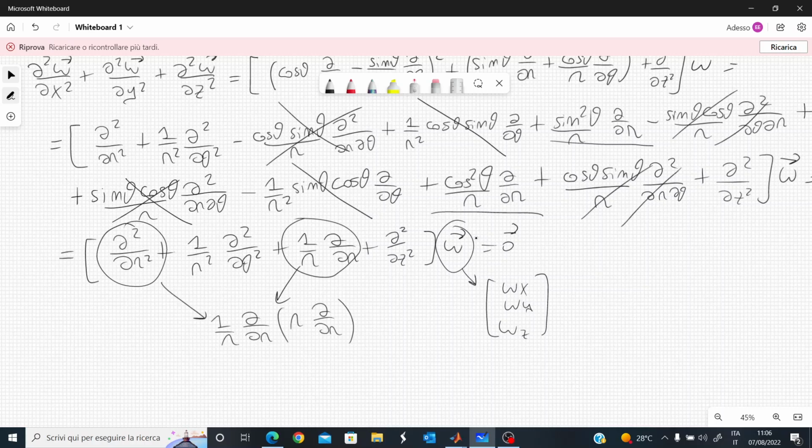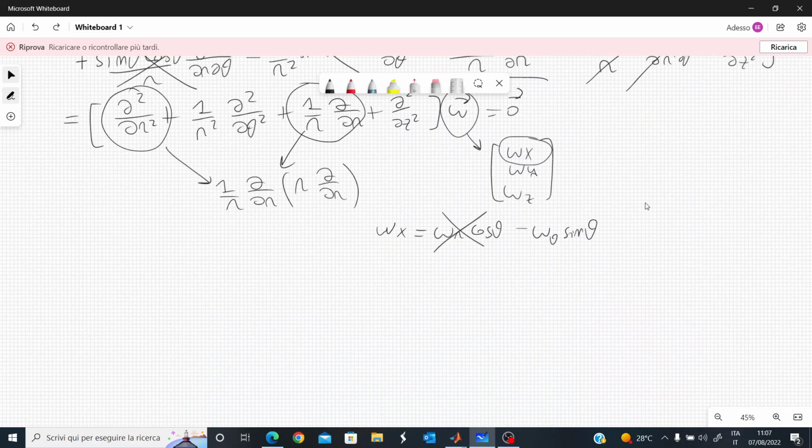So for example, we can take the first component along x and we can change this omega x. So in particular, we know that omega x is equal to omega r cosine theta minus omega theta sine theta. And we know that omega r is 0 because the only non-zero component is omega theta.